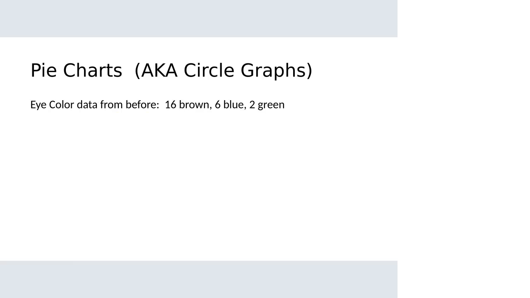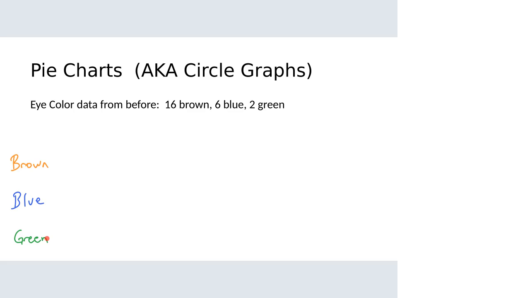All right. So we're going to use that eye color data that we had from before. We have brown eyes, we have blue eyes, and finally, we have green eyes.